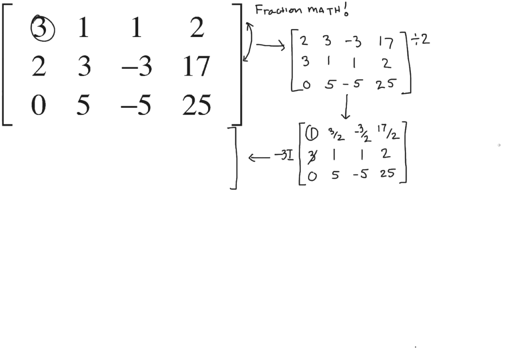Okay, so our first operation, well, first of all, let's carry everything over here. Okay, so this is 17 over 2. This is -3 over 2. This is 3 over 2. And this is 1. Okay, and then we have 0, 5, -5, and then 25.